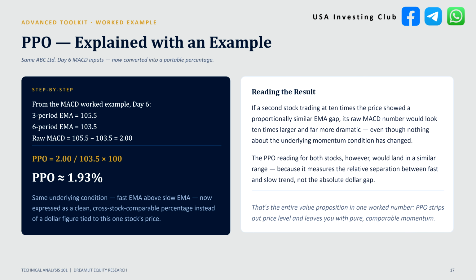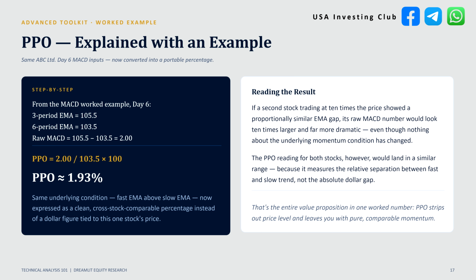Let's convert a MACD reading into PPO using the same underlying inputs. From our earlier worked example, a 3-period EMA of 105.5 and a 6-period EMA of 103.5, giving a raw MACD of 105.5 minus 103.5 equal to 2.00.